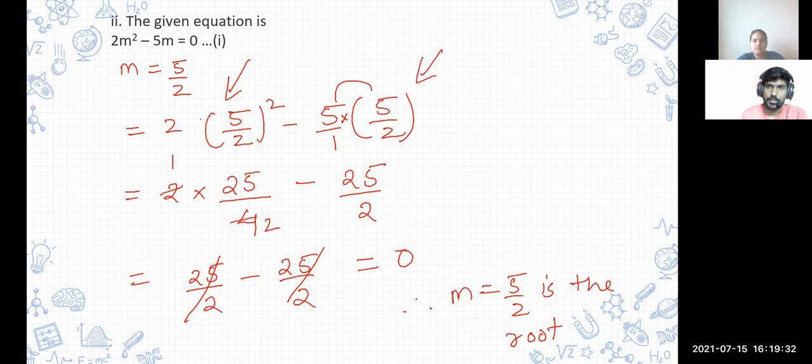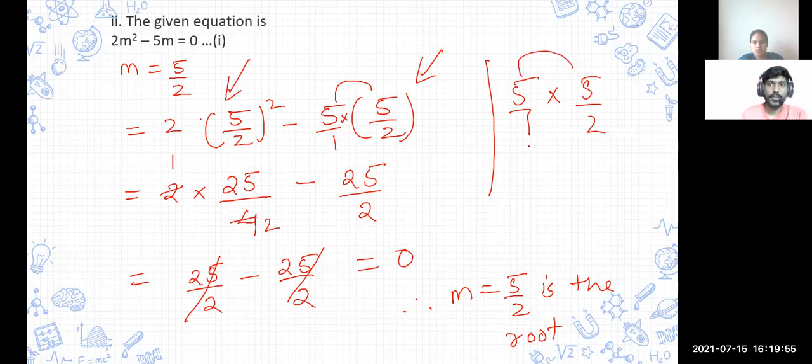They are treated as fractions. So it is 5 upon 1 into 5 upon 2. So you're multiplying two fractions, and when multiplying two fractions, numerator with numerator, denominator with denominator.